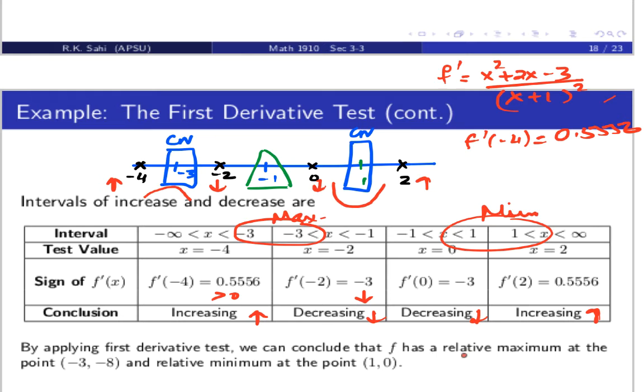So what we see, the function has a relative maximum at the point -3, -8. Guys, remember, this is f of -3, and that is the original function. Which was the original function? The original function was x squared minus 2x plus 1 over x plus 1 the whole square.